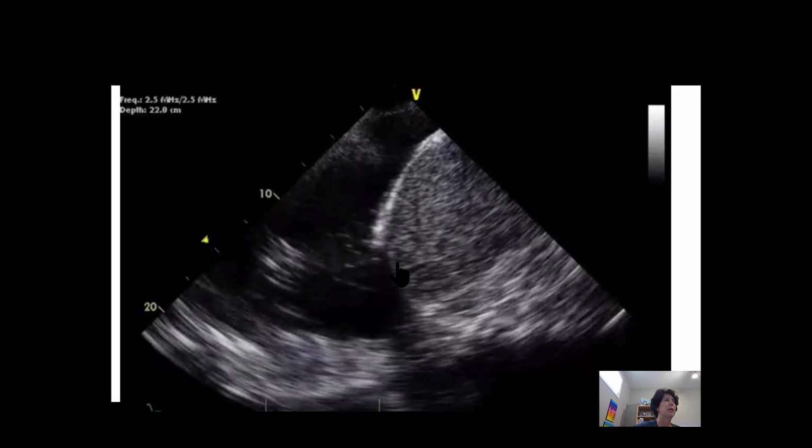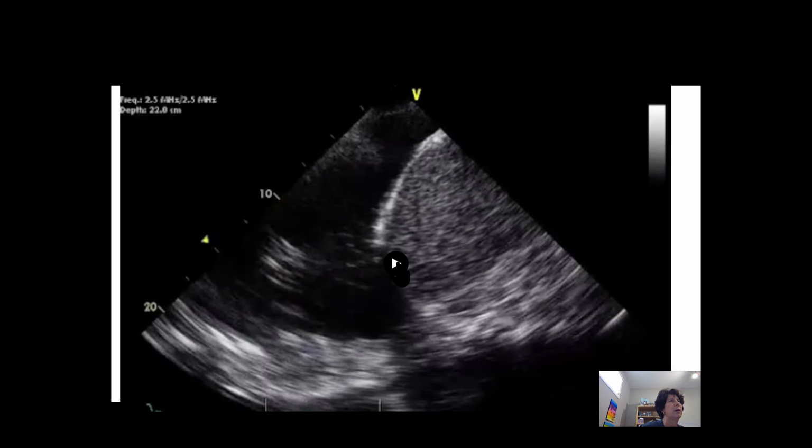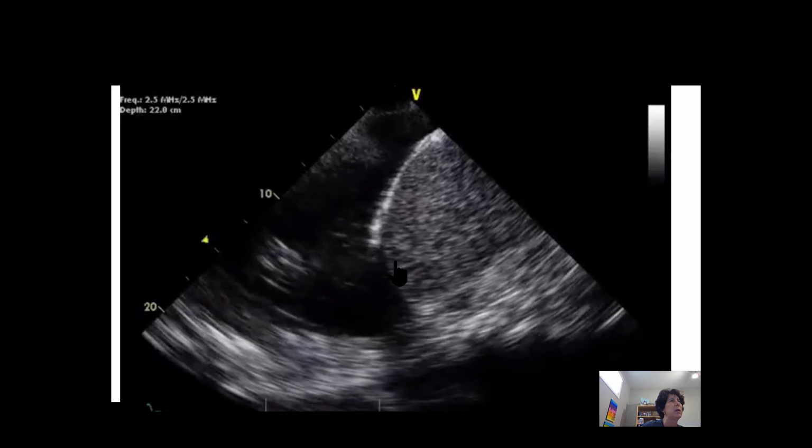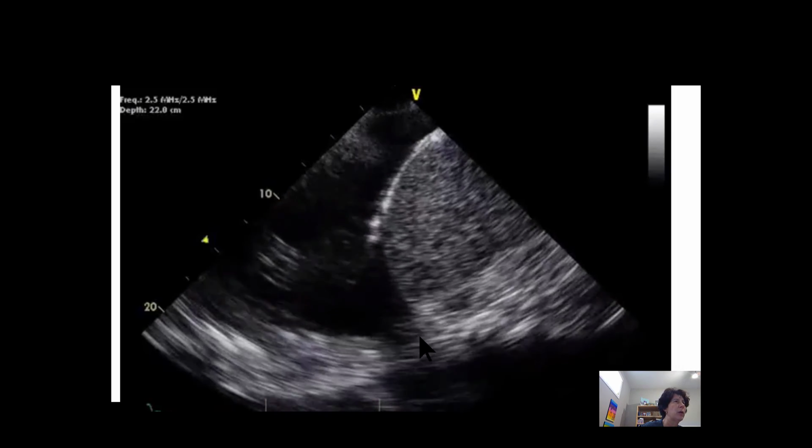Our next image is the right subcostal area. And what we're seeing anatomically here is the diaphragm with the liver. We're seeing the spine that is continuing beyond where we would usually see it.